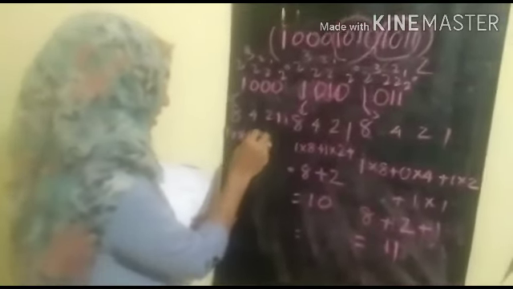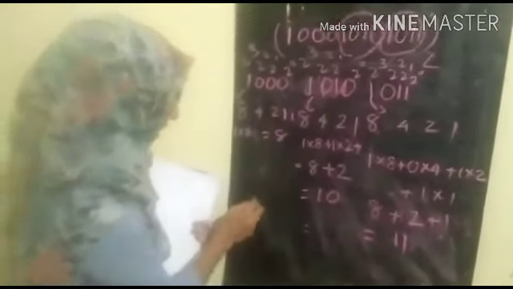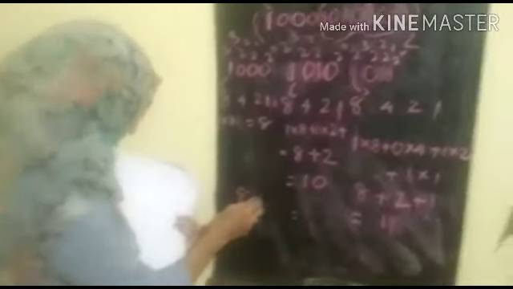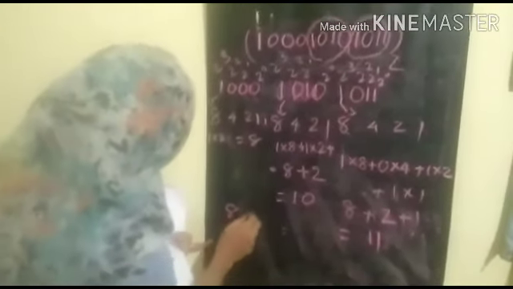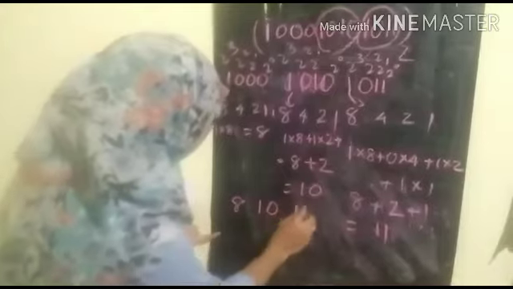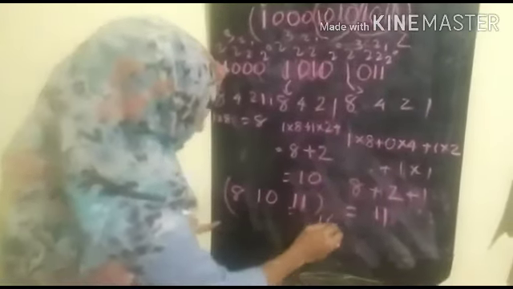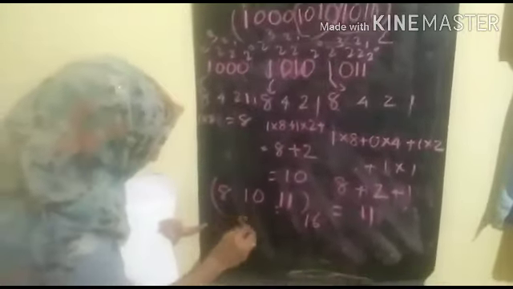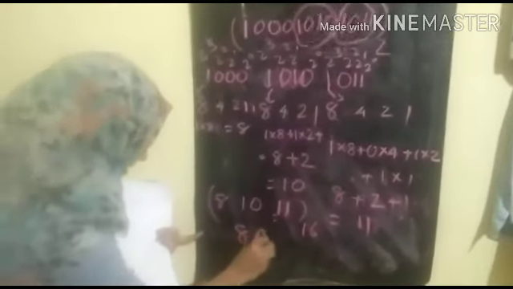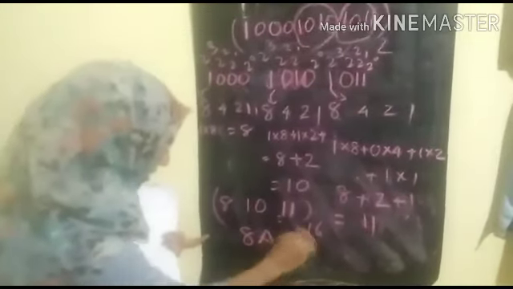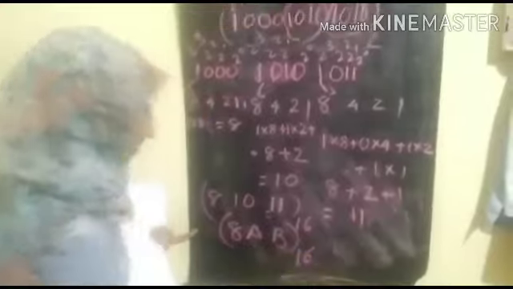That is equal to 8 only. Then the answer is 8, 10, 11. 10 is A, 11 is B. It is 8AB, base 16.